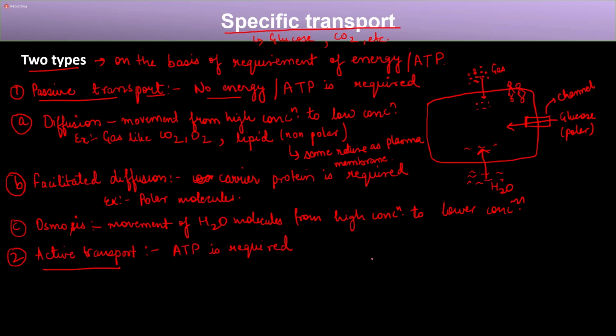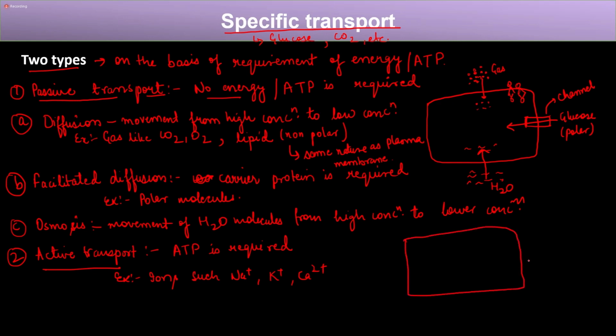The examples are ions, such as Na plus, sodium ion, potassium ion, calcium ion. The movement of these ions across the membrane requires energy.